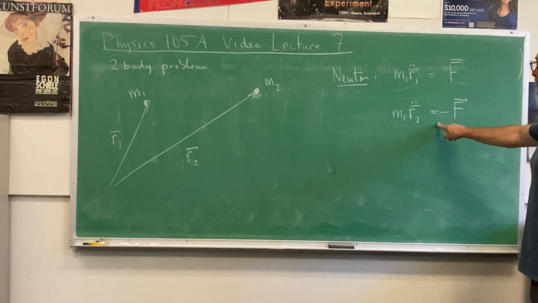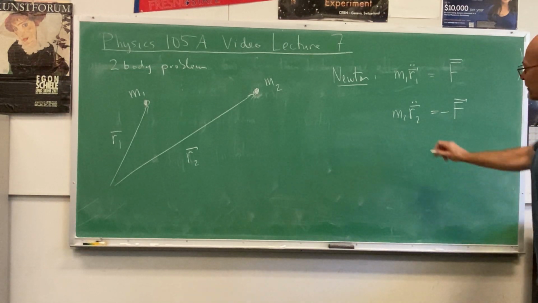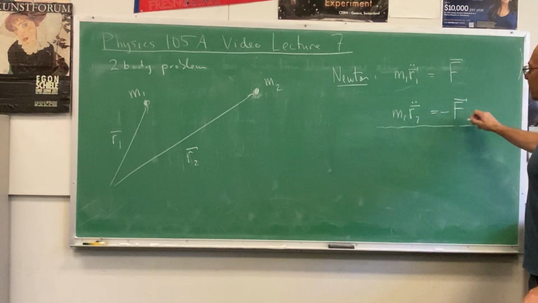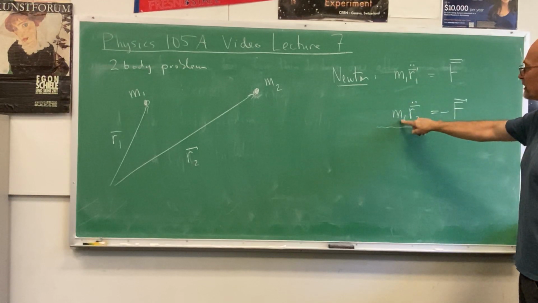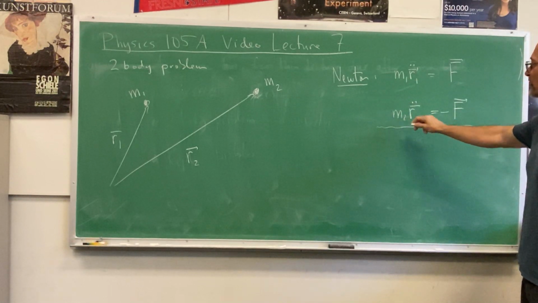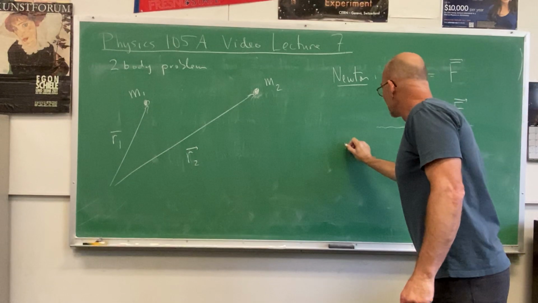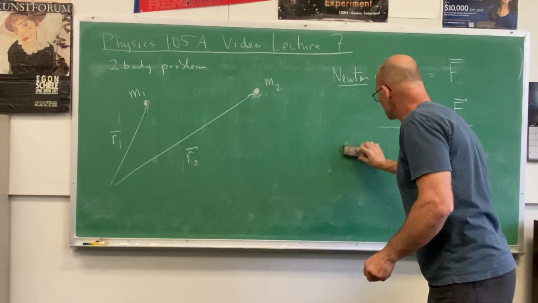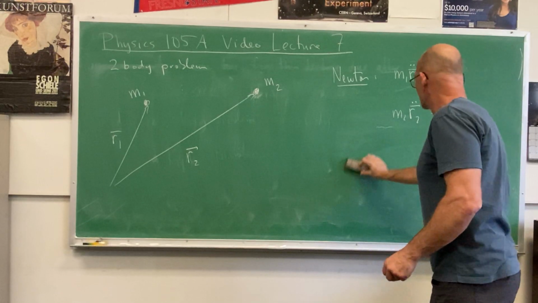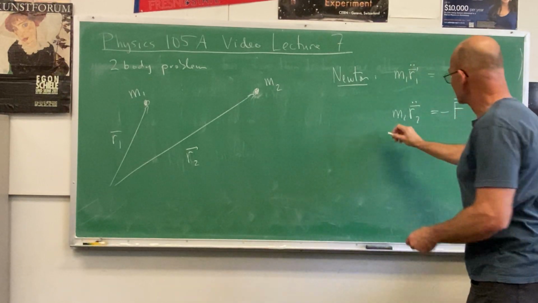But there is an interesting strategy here. What we do is we take this equation, multiply it by M2, and this equation, multiply it by M1. So what we're going to get is M2, and here I'll give myself a little more space. I want this to fit.